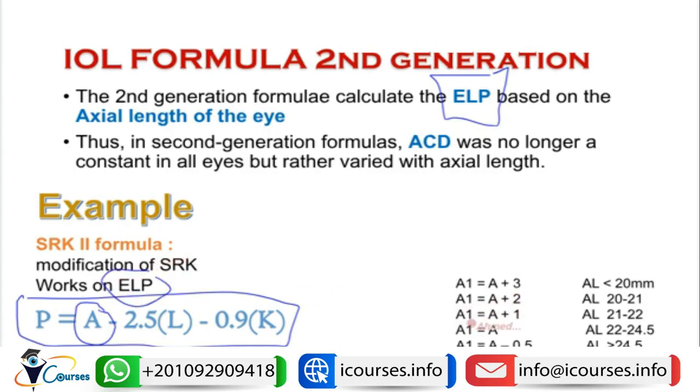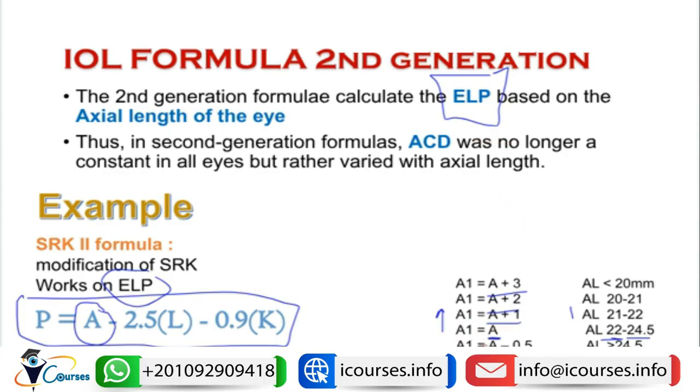The A constant will be the same as in the original SRK formula if the axial length is between 22 and 24.5. But if the axial length is decreasing, then we will need to increase the A constant by 1 or 2 or 3 to reflect the decrease of the axial length, since there will be a decrease in the effective lens position.